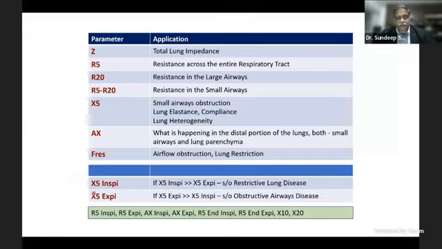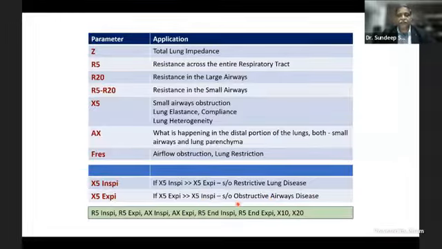Now, this is interesting because I'm going to show you some data over here. X5 inspiratory and X5 expiratory. Remember that in patients with obstructive airway disease, they have difficulty in breathing out. So their X5, the reactance at 5 Hz, during expiration is more than during inspiration. And this is classically seen in obstructive airway disease.